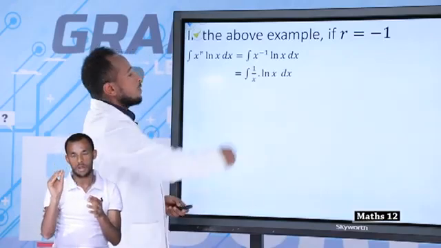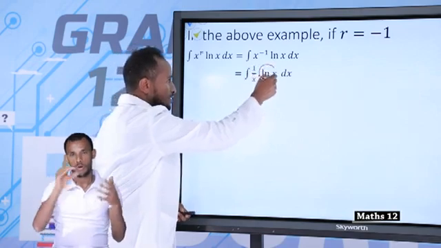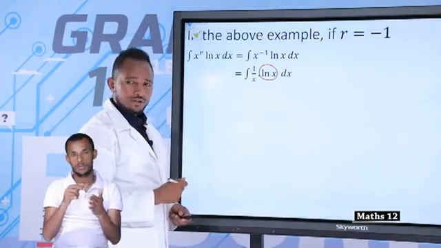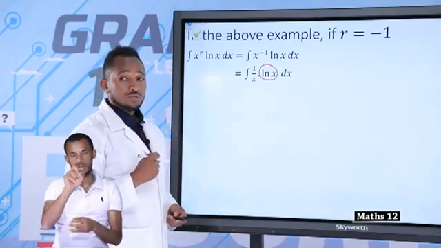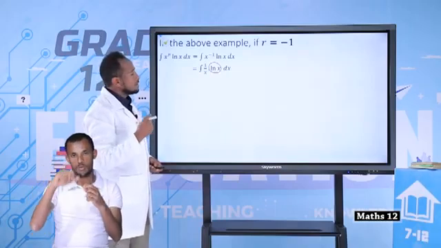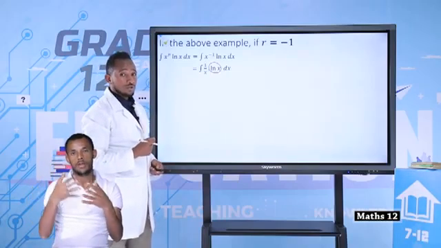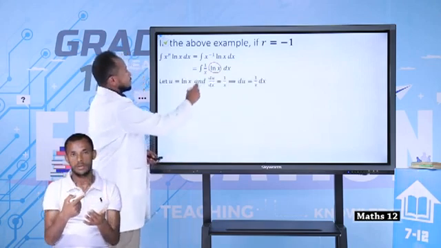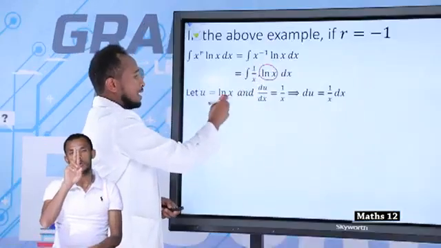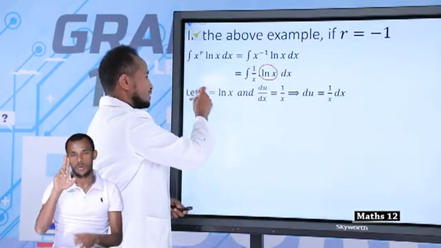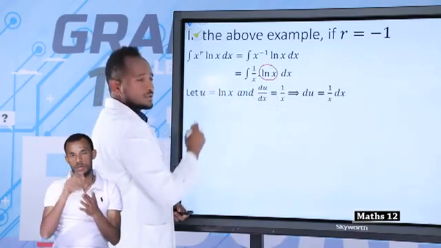And when you differentiate this function ln x, it gives you 1 over x. When this happens, as we said in the previous lecture, you have to apply the integration by substitution technique. So let's apply that. Let u be ln x. So du by dx, the derivative of this, will be 1 over x.